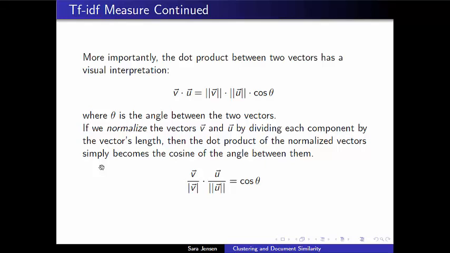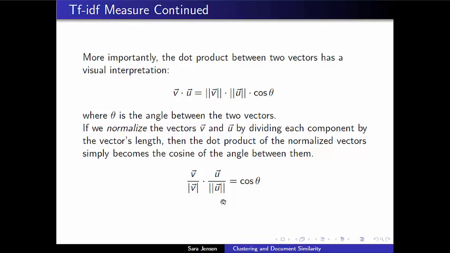And what that's going to do for us is reduce that error that we were getting when we were saying this document might be a whole lot longer than this other document, and so we might compare them, and of course more words are going to occur in this longer document than they would in this shorter document just based on length. When we normalize things, then everything counts for less in the longer documents than it might in the shorter document. So it's kind of a way of scaling all documents to have the same length. So that's another way to think about taking a look at these unit vectors.